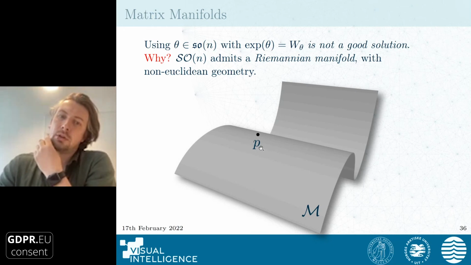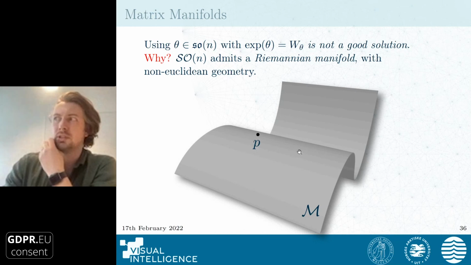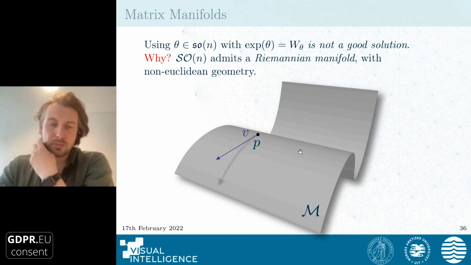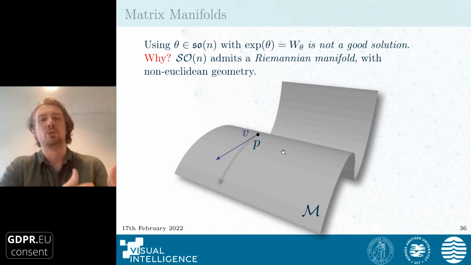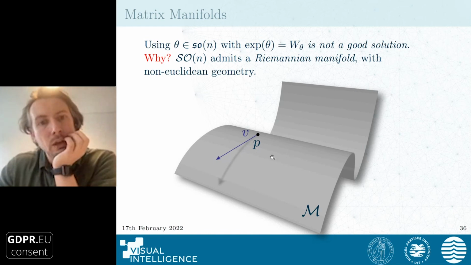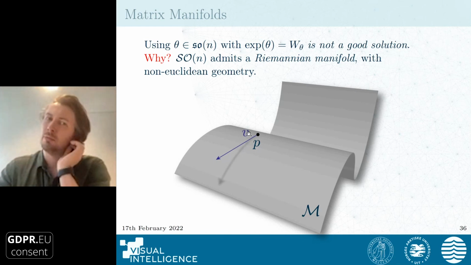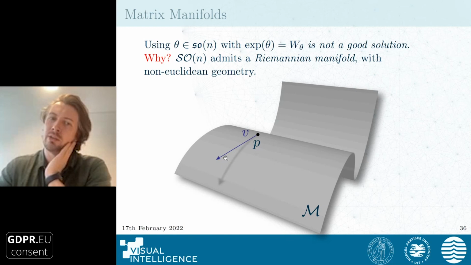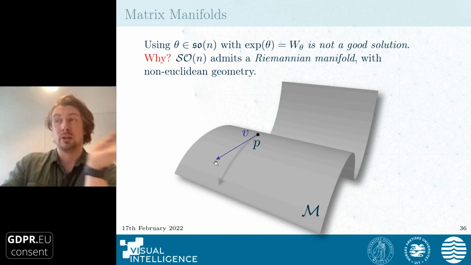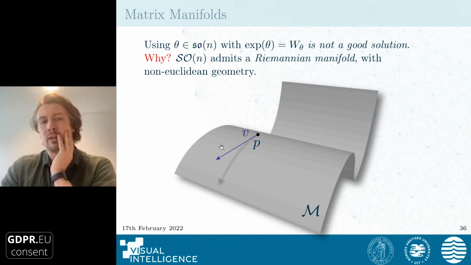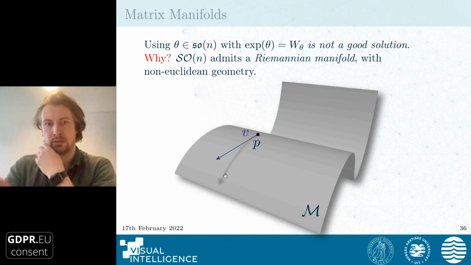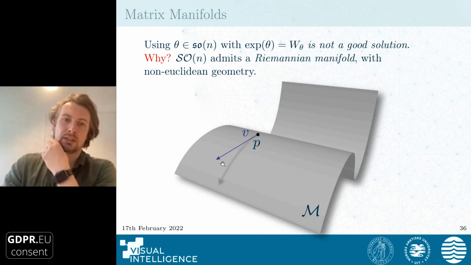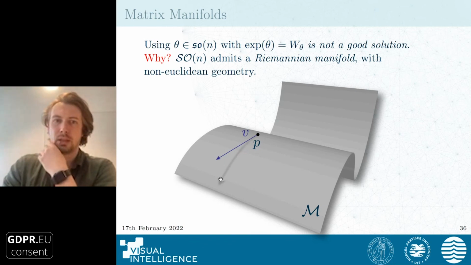So given a point on this manifold, in this case where the point is a matrix, we might want to move in a direction on this manifold. So in this case, we want to move according to this vector here. But we see that the vector points out into Euclidean space, whereas the shadow of this vector in this visualization is a projection onto the manifold.